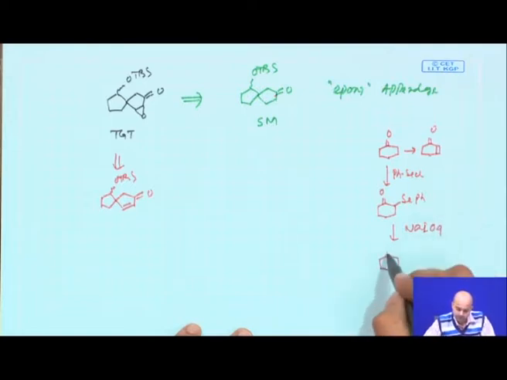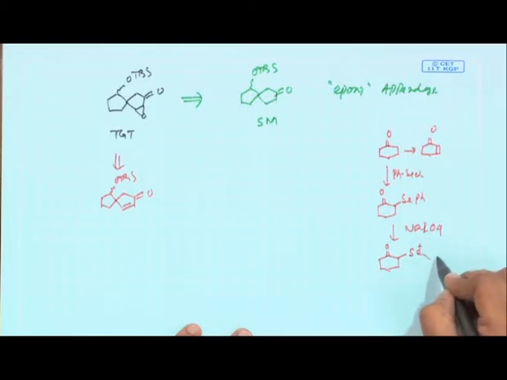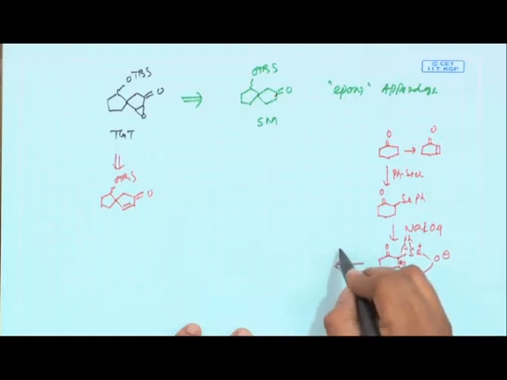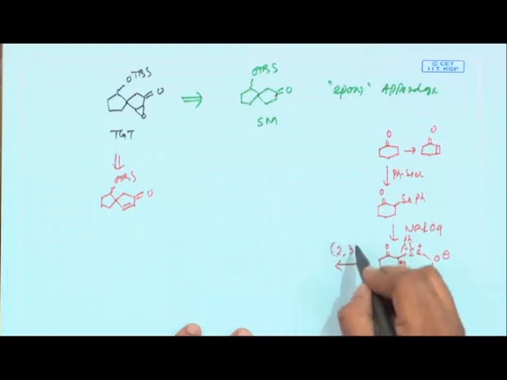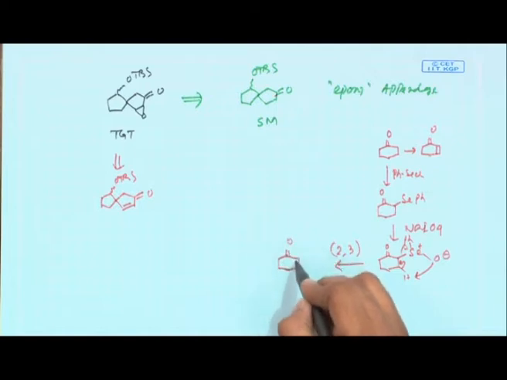It reacts in this way, selenium plus O minus and Ph. Now, this O minus abstracts this hydrogen and undergoes a 2,3 sigmatropic rearrangement to give you a cyclohexenone, which was already known.